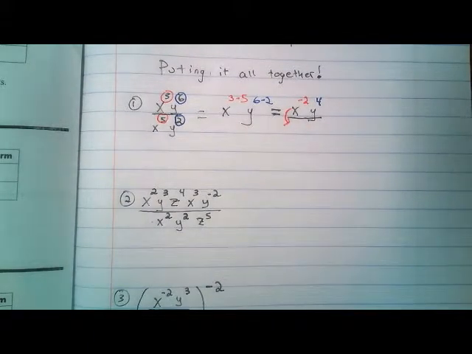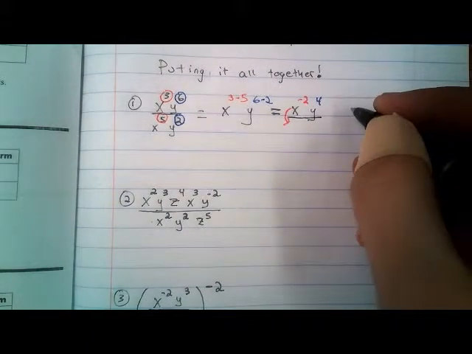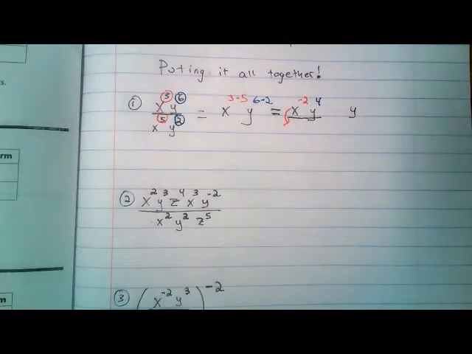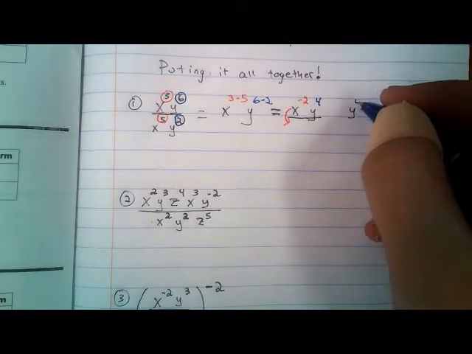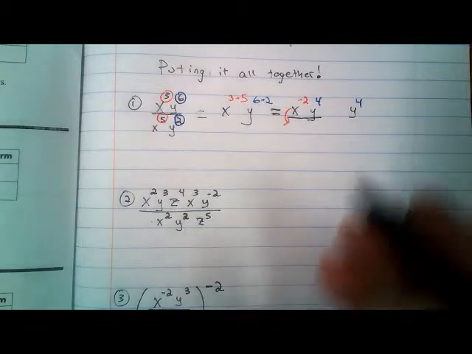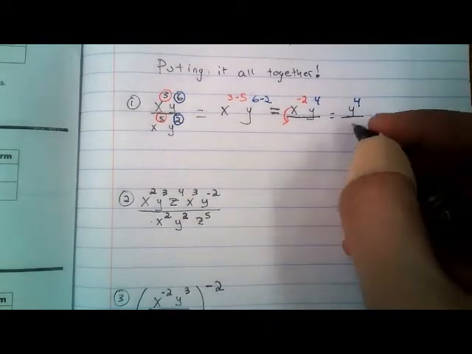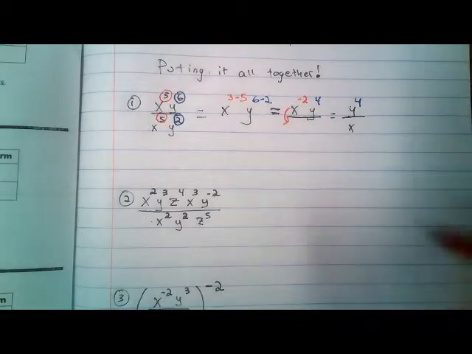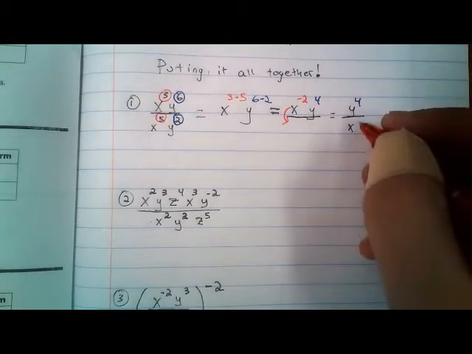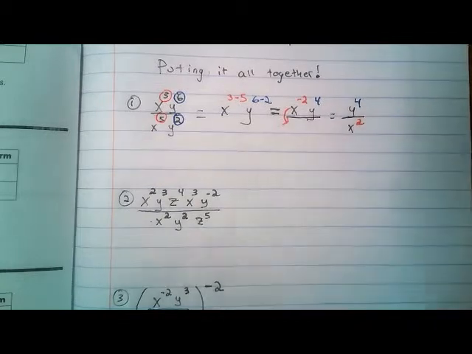So this final answer becomes y to the 4th over x squared.